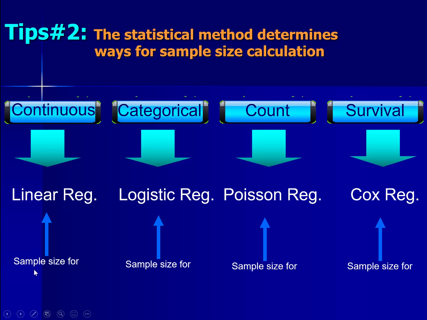And the sample size is the sample size for that linear regression. And this applies to all others. So here is the main thing that we really need to know: what is the end of the study, and then it will guide us about what the method of sample size calculation is.